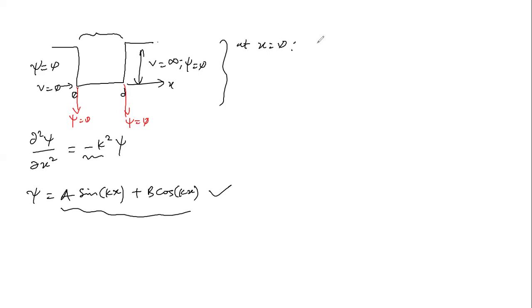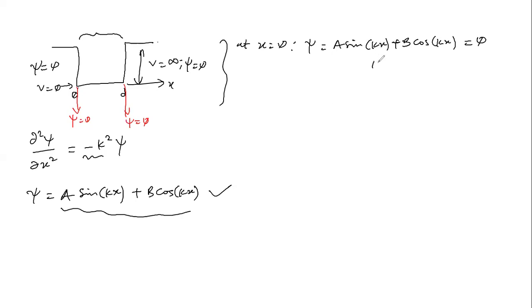So if we resolve at this point, we know that the wave function is the same as a sin kx plus b cos kx, which is the same as 0. For us to achieve this expression, we put kx to be 0.